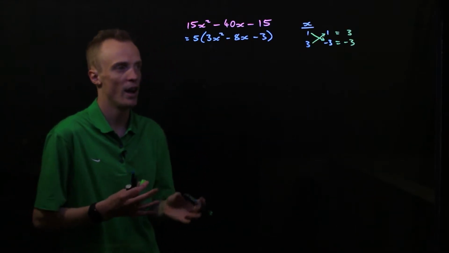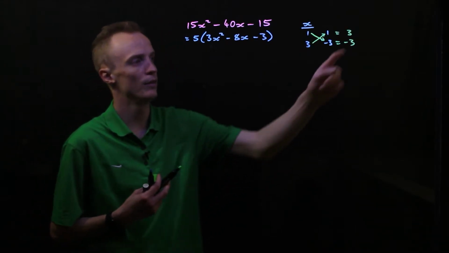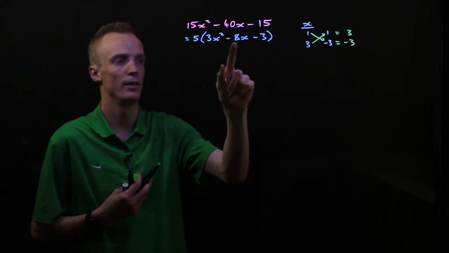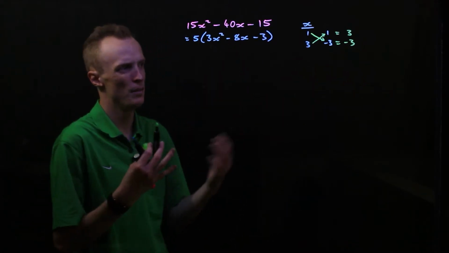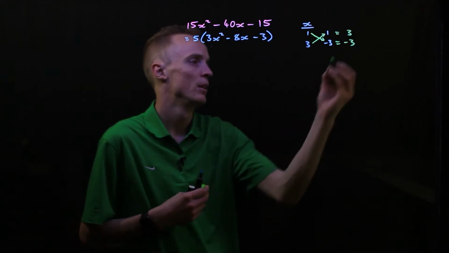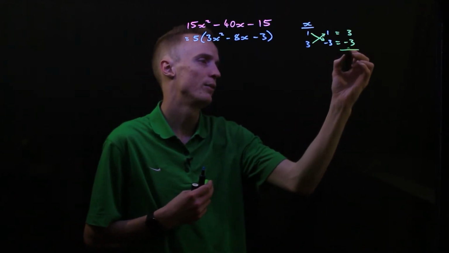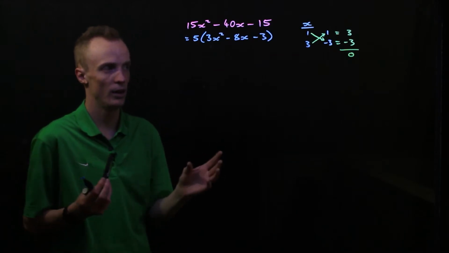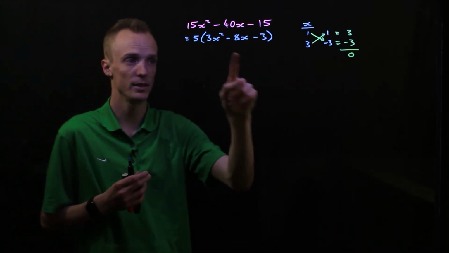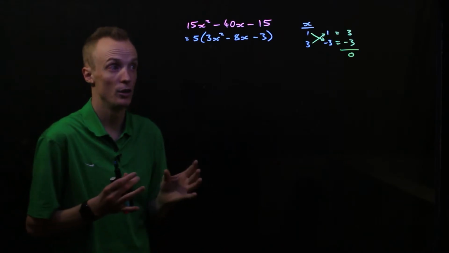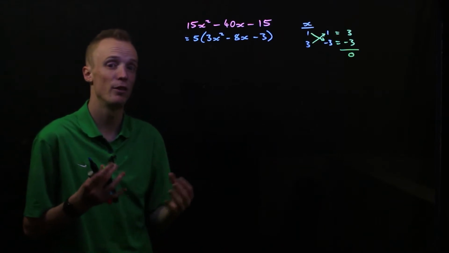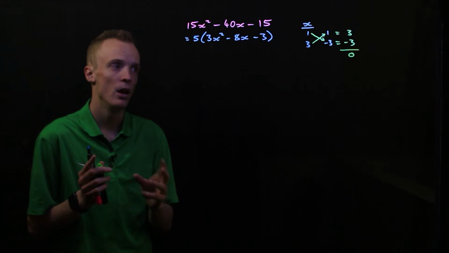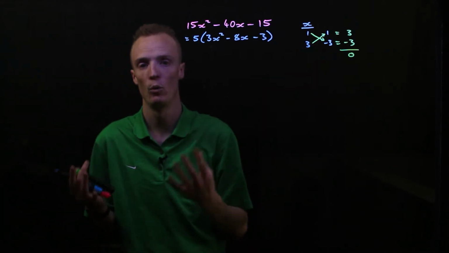And now I add these two together, because if I add these two together and they equal the coefficient of my x, that means I've found the right combination. So 3 add negative 3 will be 0. And in this case, what I realise is 0 doesn't equal my middle term. So that means I haven't found the right combination, or I haven't got this combination in the correct order.